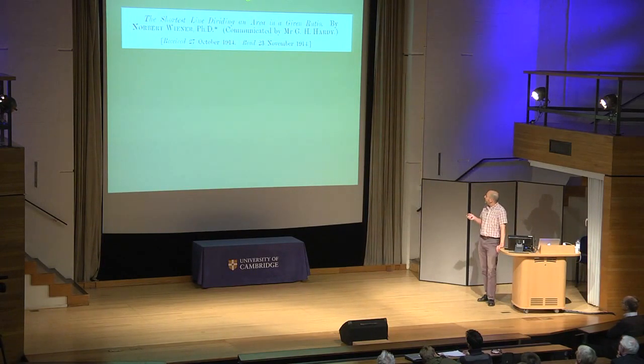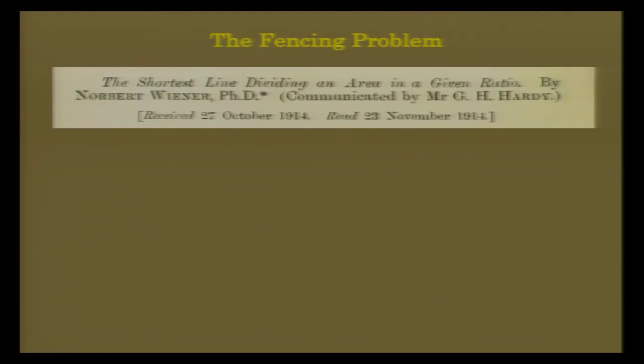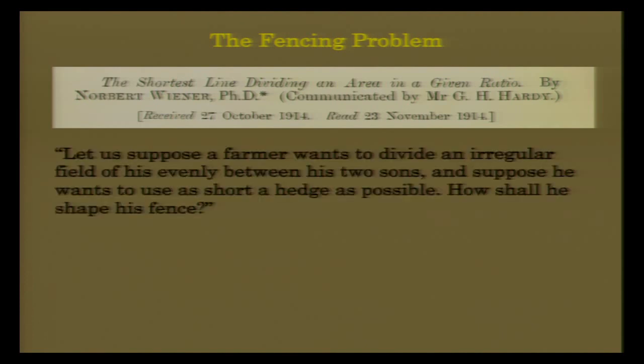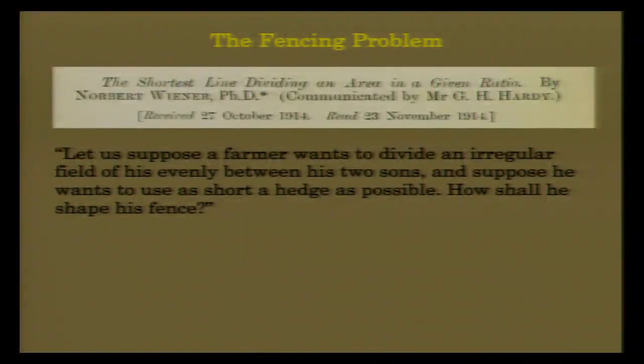In fact, it was worked on by Norbert Wiener here in Cambridge in a very short paper that he called the shortest line dividing an area in a given ratio. Wiener raises this question. He says, let us suppose a farmer wants to divide an irregular field of his evenly between his two sons. Now we'll probably say his two children.